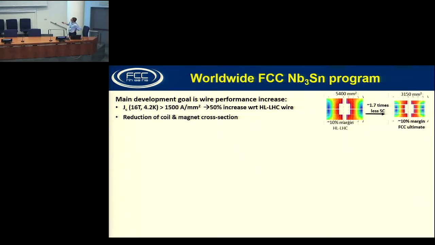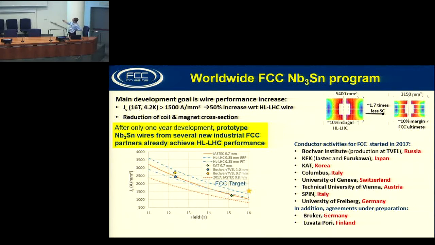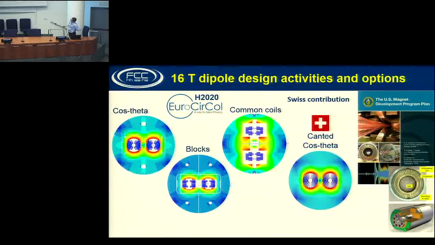This one is the worldwide FCC niobium 3 tin program, including several countries and several companies. So maybe I have one of this collaboration. So this is a 16 Tesla dipole test design activities and options.